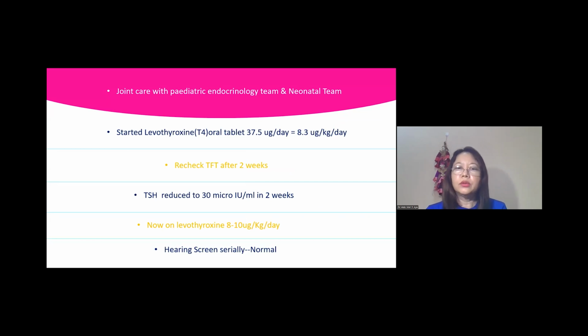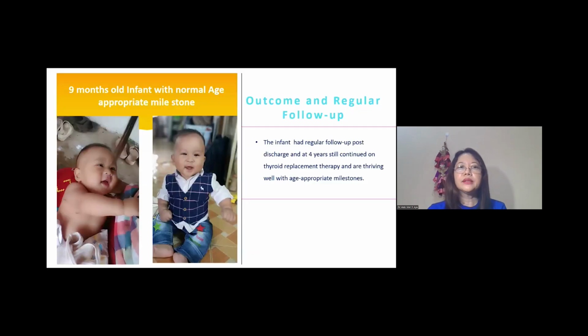And now on levothyroxine 8 to 10 microgram per kg per day, and the hearing screens serially were normal. So this is the 9-month-old infant with normal age-appropriate milestones. He came for regular follow-up to our newborn unit and also to the endocrinology unit.